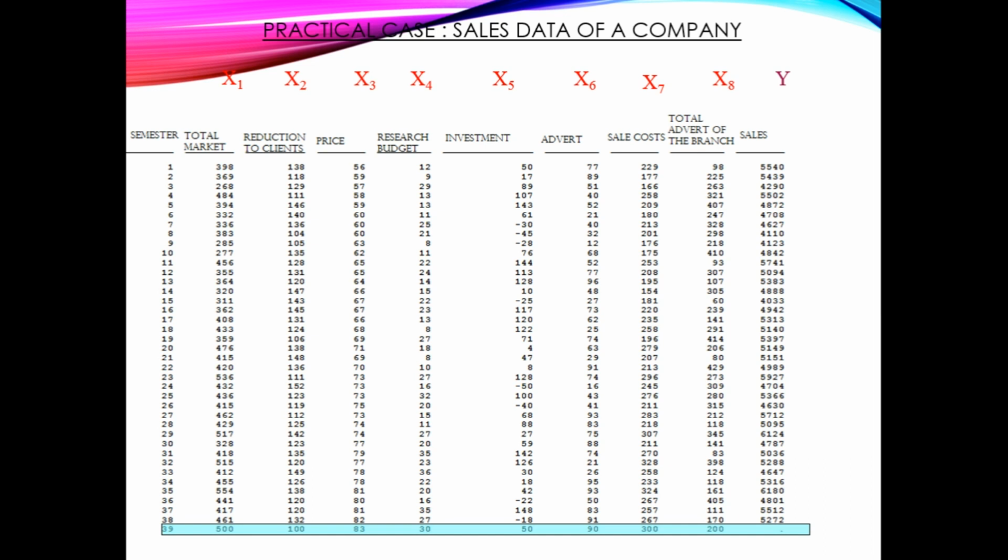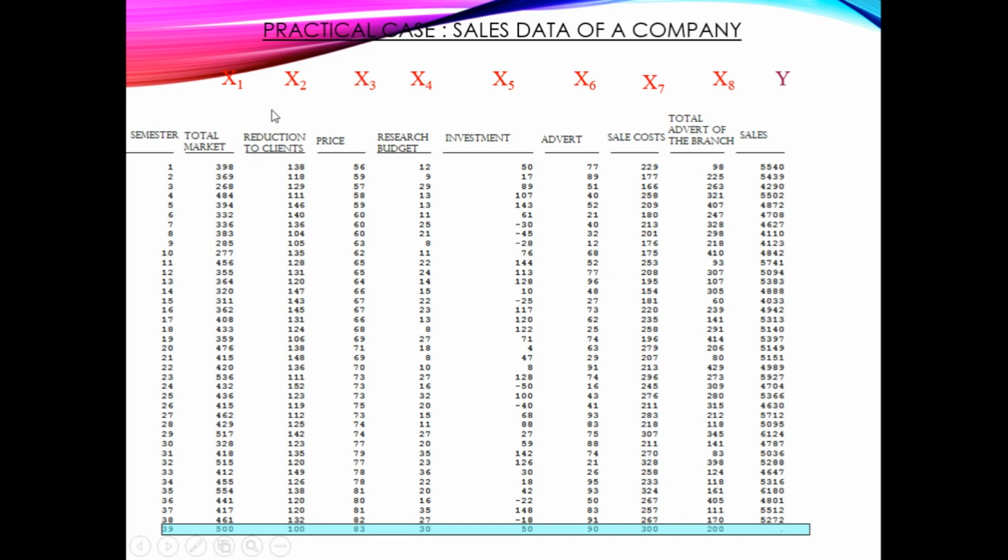So to explain the sales, we will use many semestrial variables of a company, such as the total market, the potential market that a company can have, which can influence the sales. A reduction to clients can be a determinant factor in the realization of the turnover of your company.